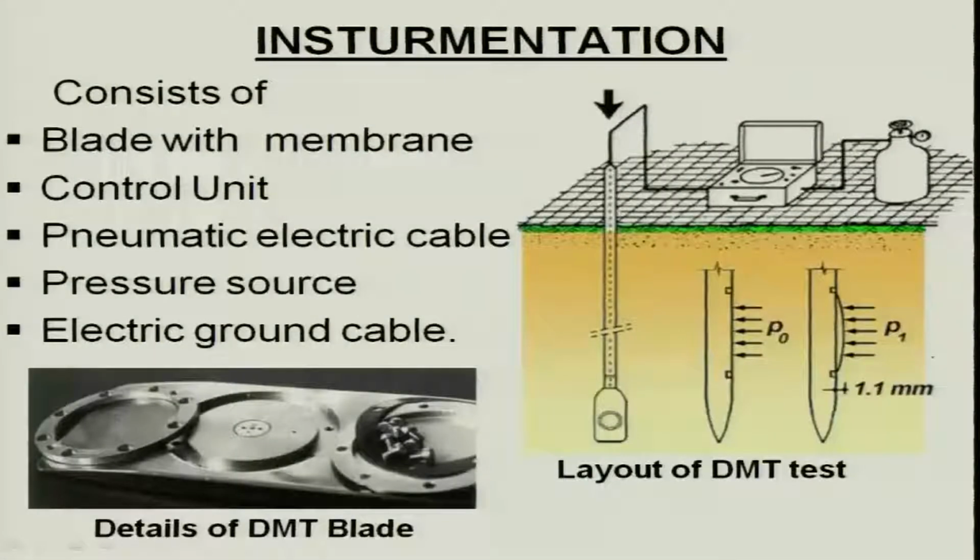If you look at this figure, there is a blade, this is called flat dilatometer because it is in a flat shape. This blade has to penetrate, be pushed inside. So, if there is a hard rock, it will be difficult to push.